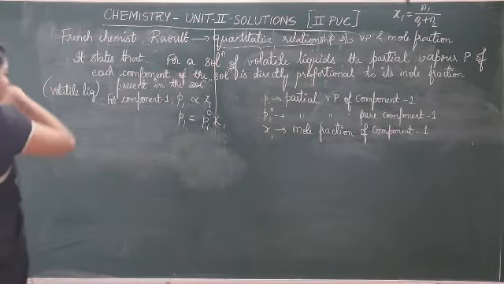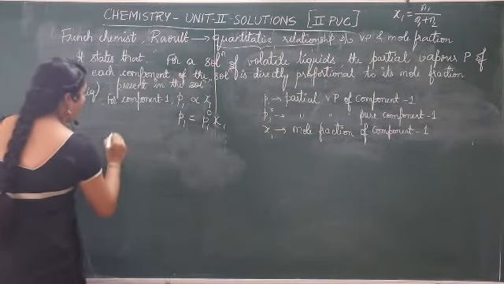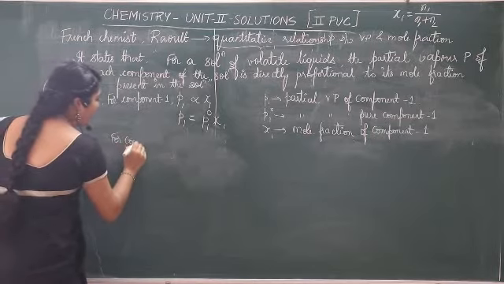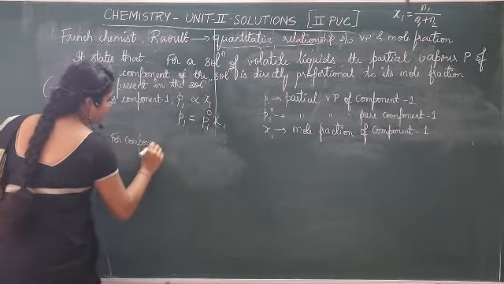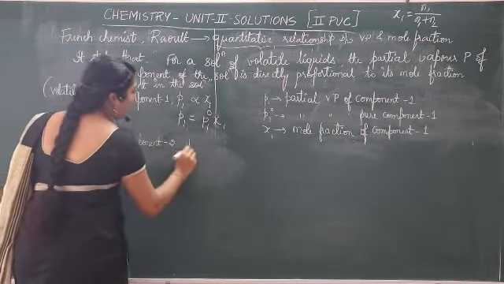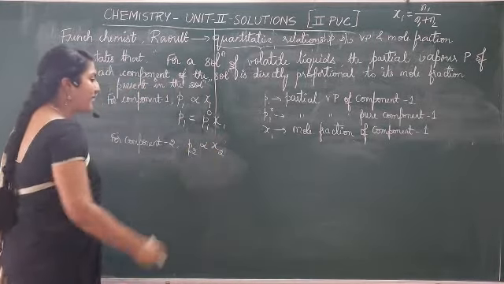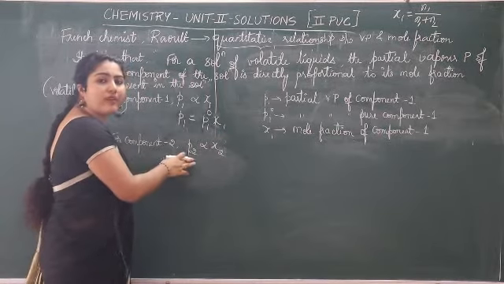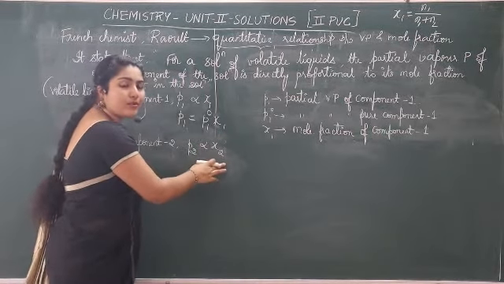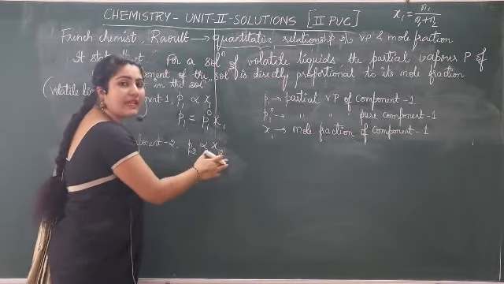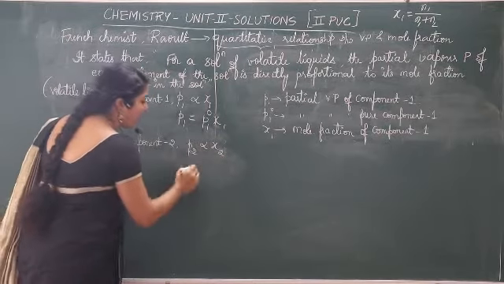Now let us see for component 2. For component 2, P2 is directly proportional to its mole fraction. That is, the partial vapor pressure of the second component is directly proportional to the mole fraction of that second component. Therefore, how can you write it?